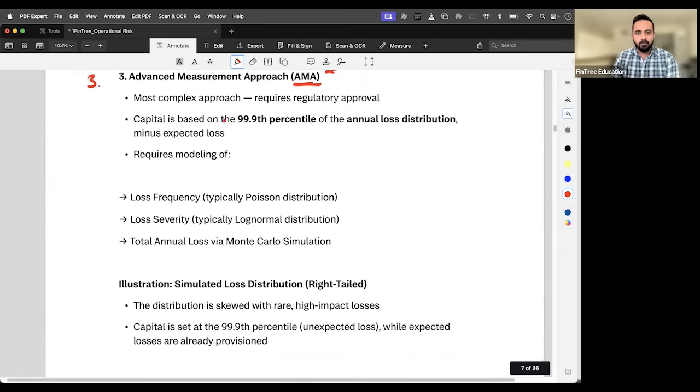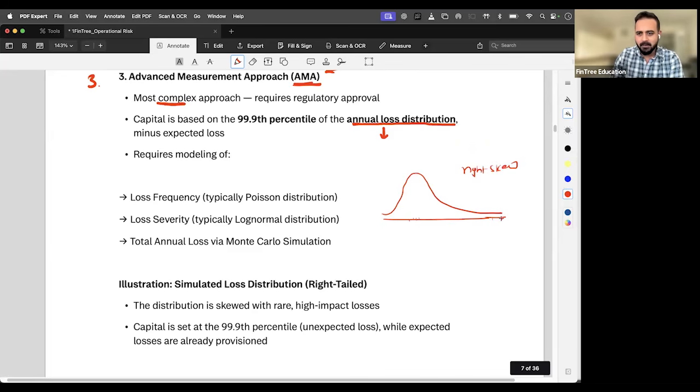Now, under the AMA approach, which was the most complex, you had to do something called an annual loss distribution. Which means you figure out some modeling technique, mostly Monte Carlo, and you figure out what could be an annual loss distribution. This loss distribution, where every amount is a loss, might look somewhat like this, which is typically a right-skewed distribution. That means most of the losses will be here in the center.